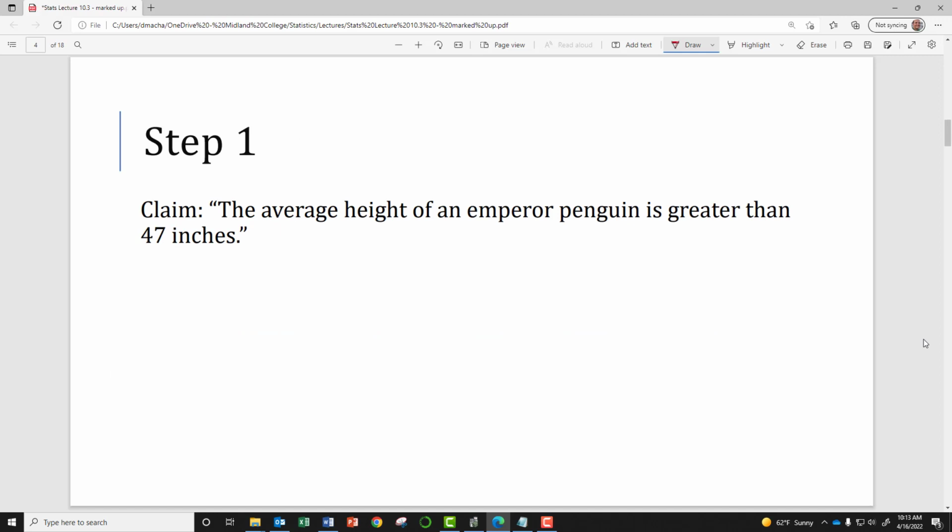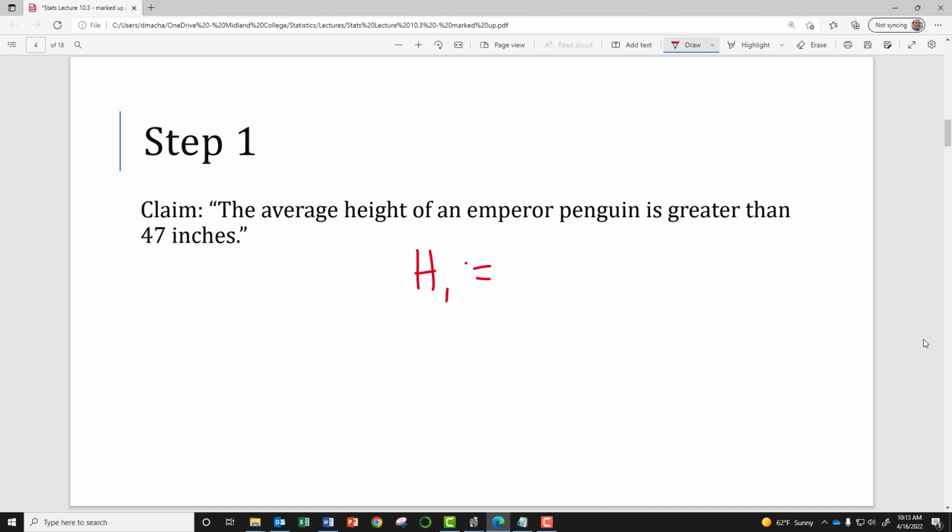So here's an example. I make a claim, and the claim is that the average height of an emperor penguin is greater than 47 inches. So the way I write this is I say, well, my claim is my alternative hypothesis.